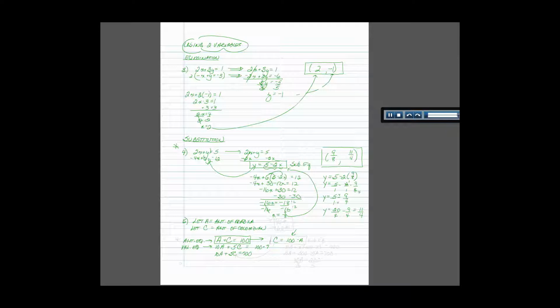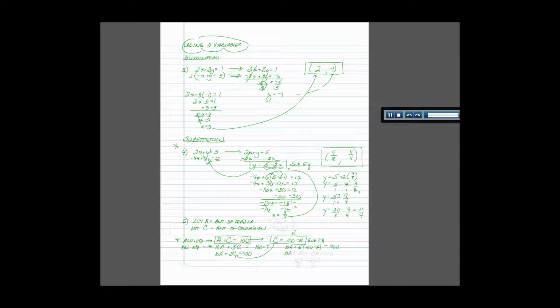I'm going to substitute that C part right there. So I would have 10A plus 5 times 100 minus A equals 700. If you go back in your notes, you'll see this is exactly what we had written. We just skipped this part when we did it with one equation. But for some people, it's easier to think of it like this and actually write that amount equation out first.